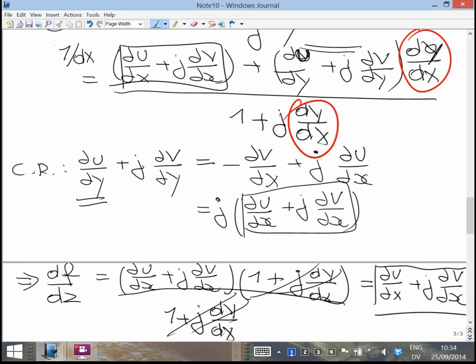So if the Cauchy-Riemann conditions hold, we've proven that the derivative, df/dz, is independent of the direction of approach, independent of dy/dx. And moreover, we have an extra way of calculating the derivative. You can just construct it by calculating the partial derivatives with respect to x: du/dx plus j dv/dx.